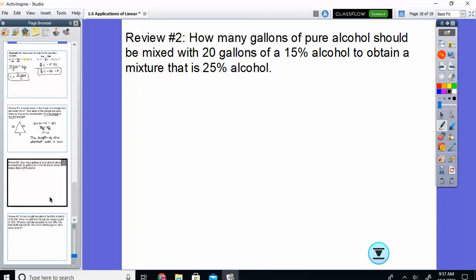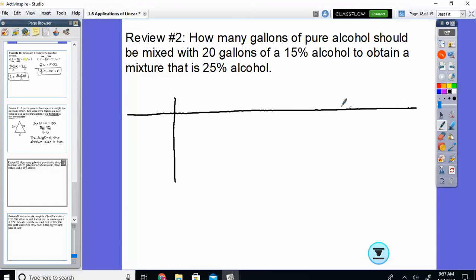What do we do on these problems? What formula goes across the top? Amount times concentration equals pure.